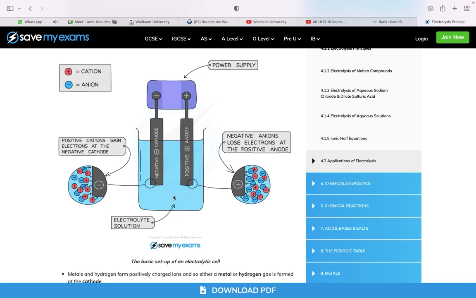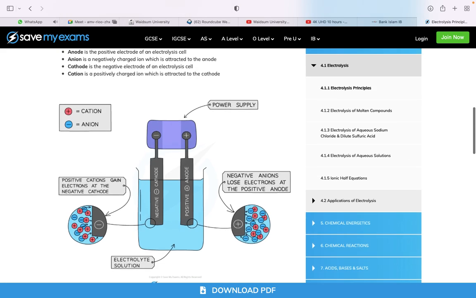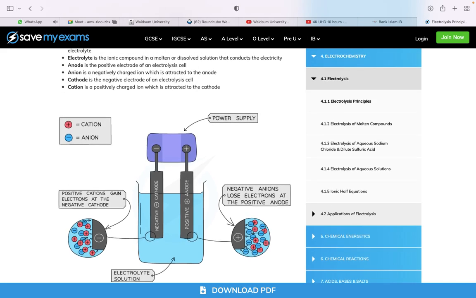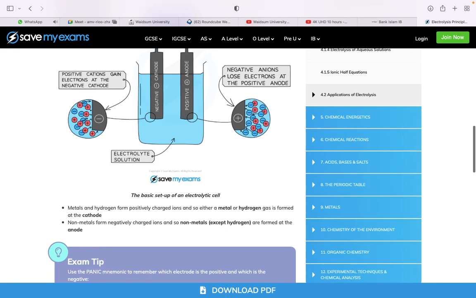The negative ions like bromine, for example, will migrate to the positive electrode. So negative ions go to the positive electrode and positive ions migrate to the negative electrode. That's what happens. Is that okay? So when we say cations, they are the positively charged ions.